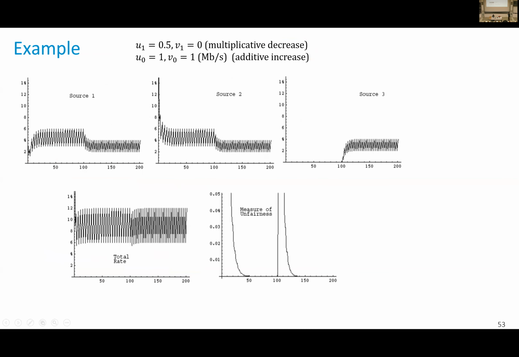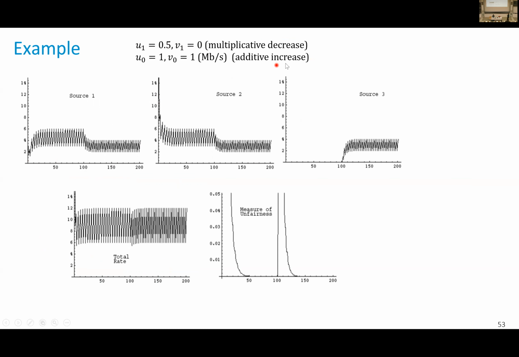Here's an example, a MATLAB style, a Python simulation of 3 sources that are sharing a bottleneck link with those parameters. U1 is 0.5, V1 is 0. That means when we receive negative feedback, we divide the rate by 2, we multiply it by 0.5, and the additive part is 0.